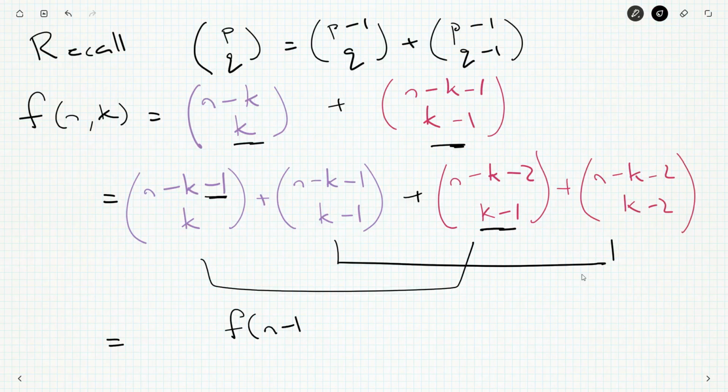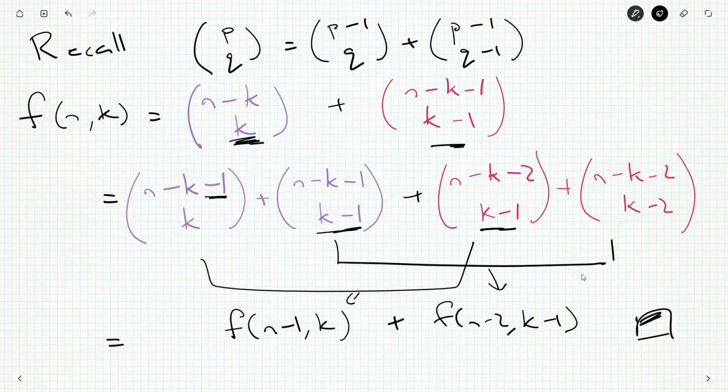So this should be f of n minus 1, k. And then these guys here, I'm dropping a k each time. So where I had k before, now I've got k minus 1s. So this will be f of n minus 2, k minus 1. So we're done. That finishes up B, and I've got a formula I can use in C.